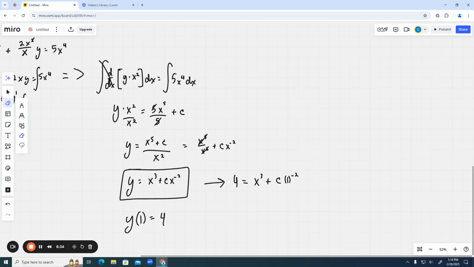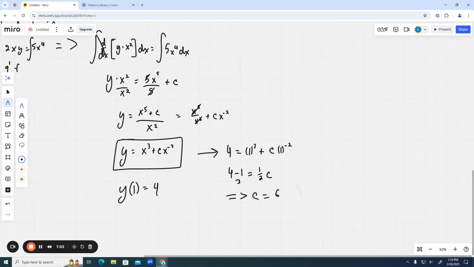And this x, of course, is going to be a 1, meaning that 4 is equal to 1 plus c. 4 minus 1 is going to be equal to 1/2 c. So our c value is going to be, multiply both sides by 2, 3 times 2, 6.